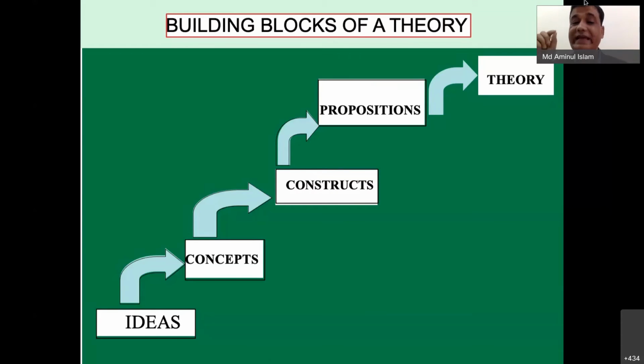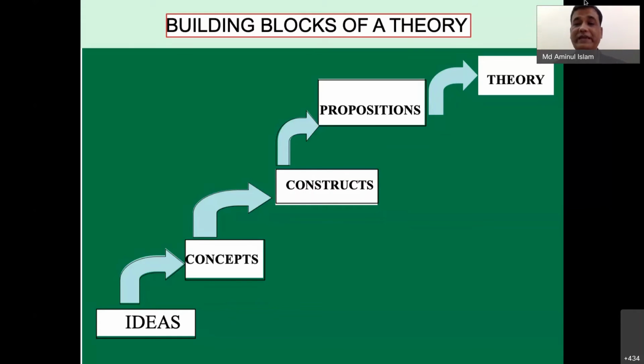And when that concept is measurable, we call it a construct. Okay, so constructs are similar to variables. Then when we assume a relationship between constructs, it becomes propositions, and when propositions are proved, it becomes theory. So these are the building blocks of a theory. You start with ideas, the concept, the construct, proposition, theory.